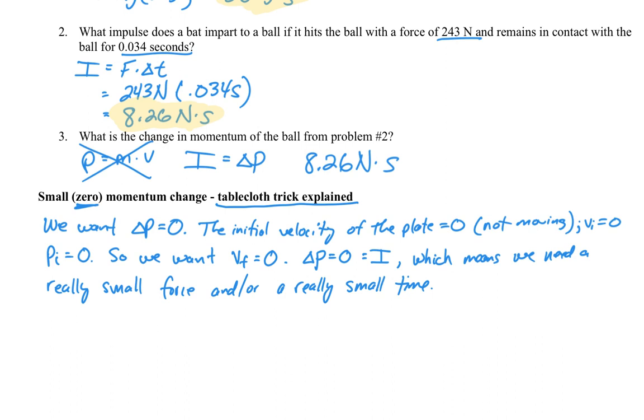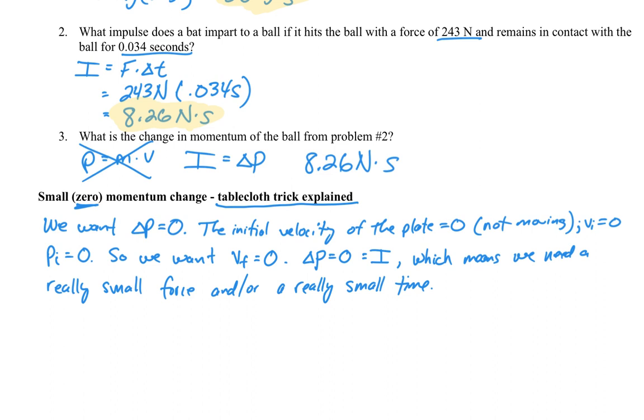Now we can't change the force much, because the force between the plate and the tablecloth is a frictional force, and that's just determined by the mass. The frictional force is going to be determined basically by the mass of the plate. What we can control is the amount of time that the force acts.